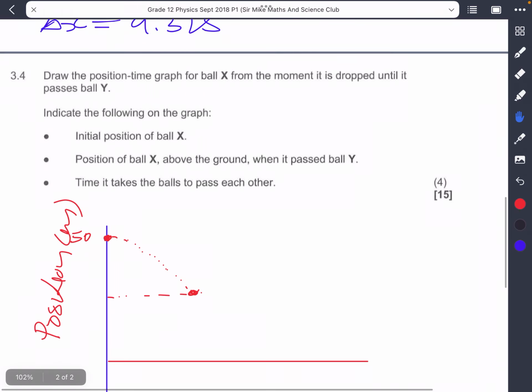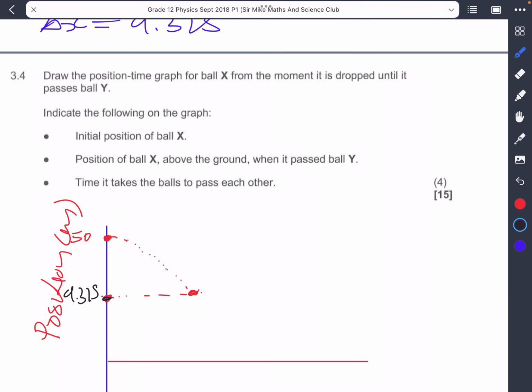So this position that we have here would simply be 9.375.